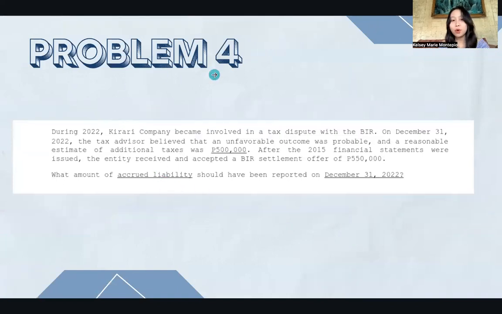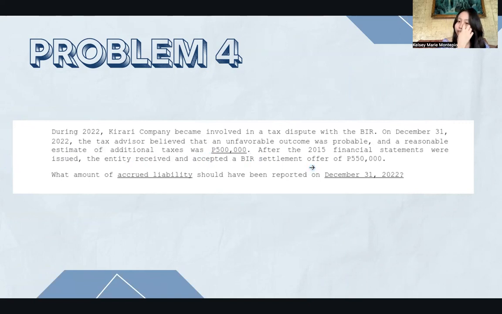In problem number 4, during 2022, Kirari Company became involved in a tax dispute with the BIR. On December 31, 2022, the tax advisor believed that an unfavorable outcome was probable, and a reasonable estimate of additional taxes was 500,000.